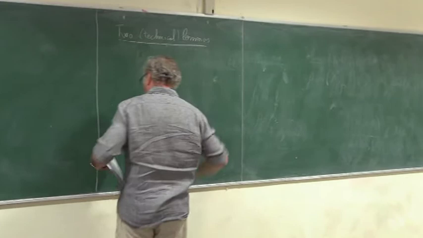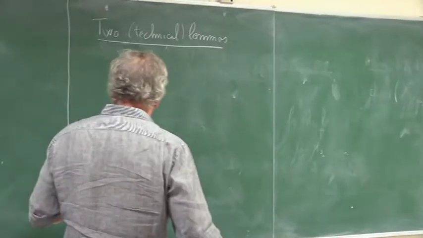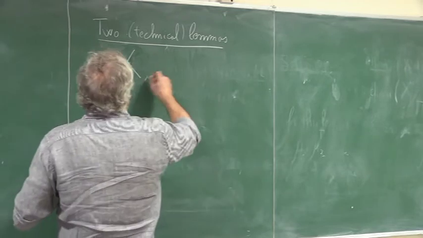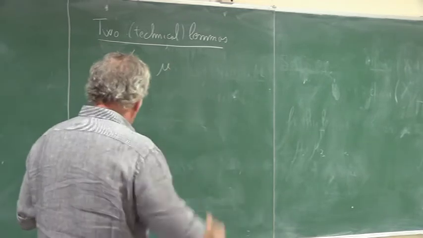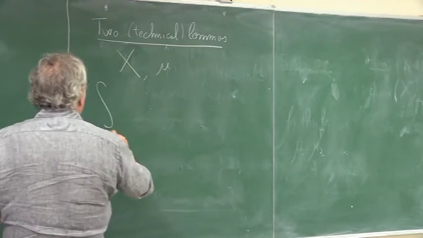So there is one which is really easy, which I love actually. X is a metric space, a measurable metric space. Mu is a measure. It might be quite general, but I'll state it in this context.